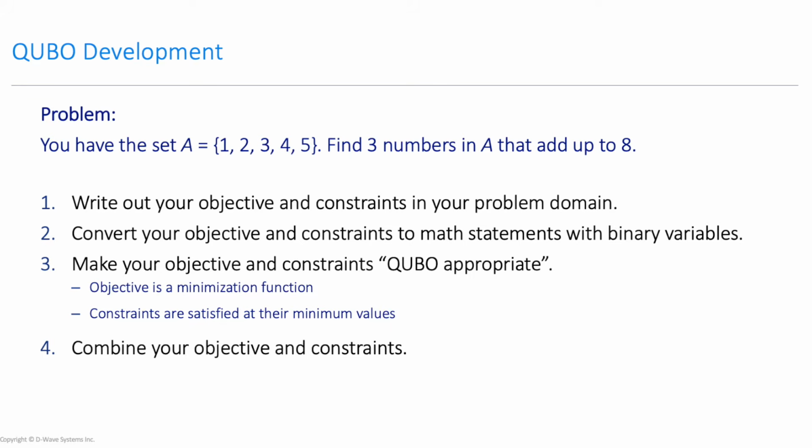And then I said 3 numbers, not 2, not 4. So that's a constraint that I want exactly 3 chosen from that set. So can you write this? I want you to put me on hold for a little while if you're watching this on the web. Put it on hold for a few minutes and think about that and see if you can come up with it.